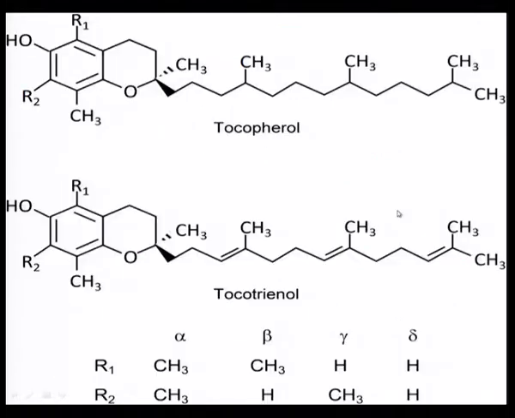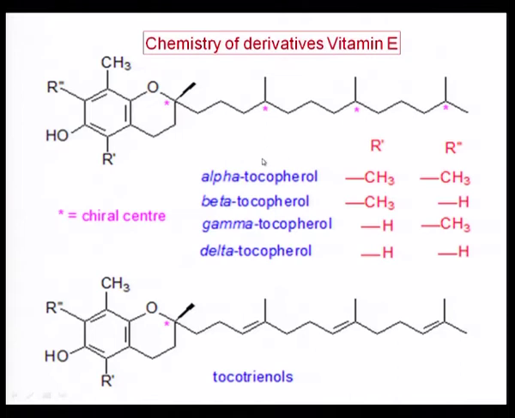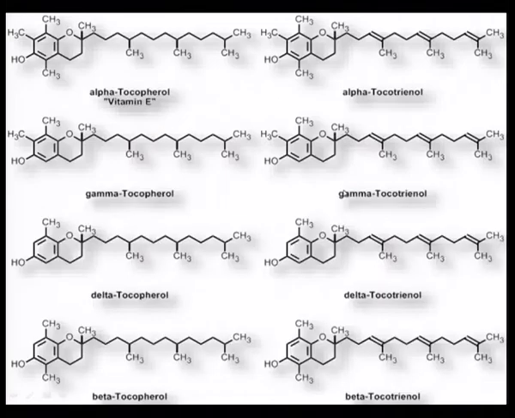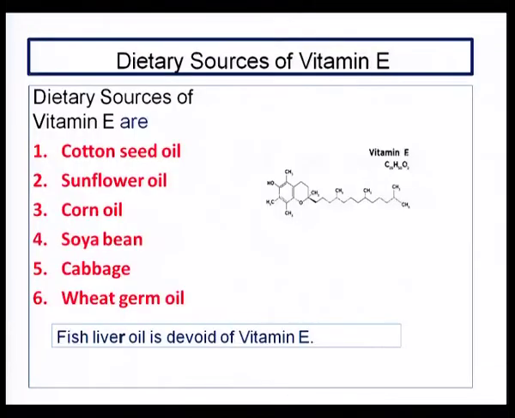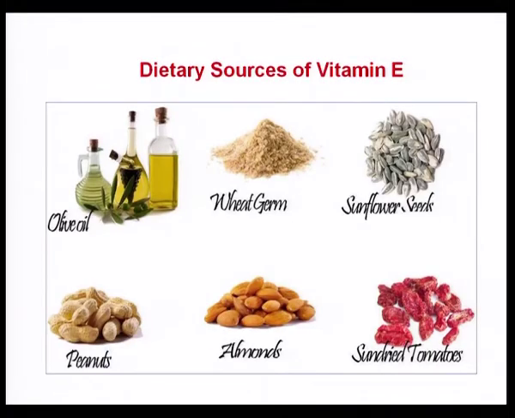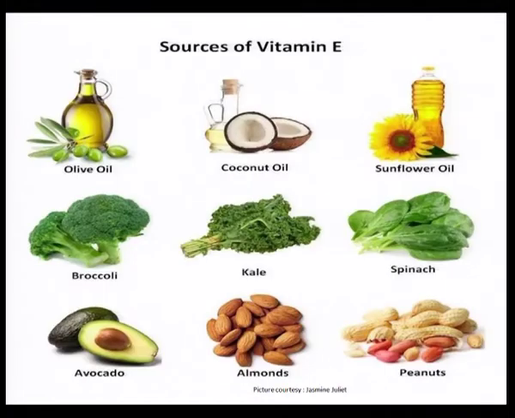In the previous slide, you would be aware of these pink dots which represent the chiral center. We have seen about them in detail in the last session, so today I am not going to dwell much on it, but move quickly into the biochemical role that tocopherols play in our body. We have seen the properties and the variety of sources of tocopherol.